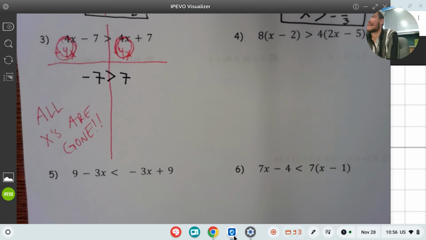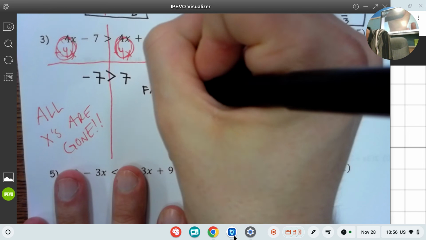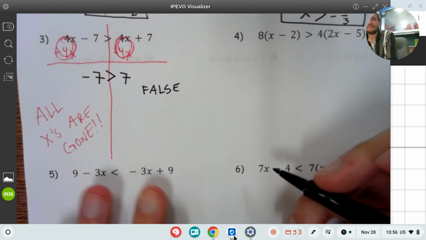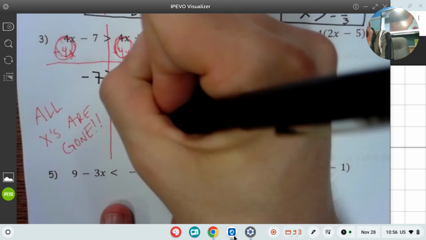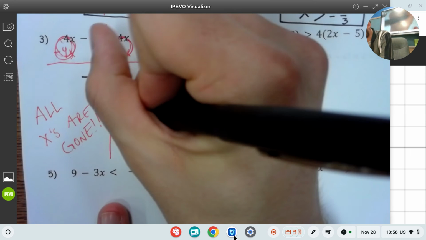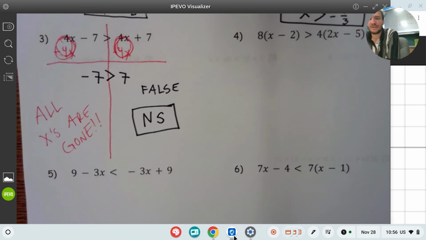And we just need to consider that. Just decide, is that a true statement or is that a false statement? False. That is a false statement. And because that is a false statement, what is the lettered answers that we're going to choose? NS. Which stands for? No solution. No solution. Nice job.